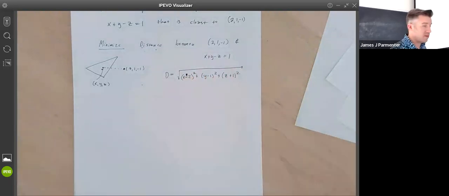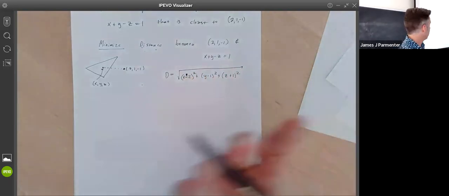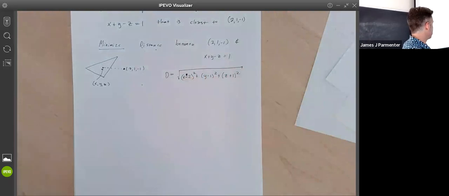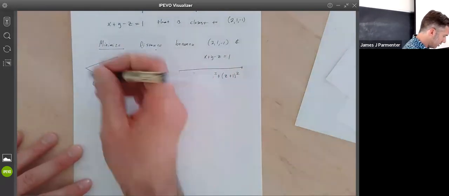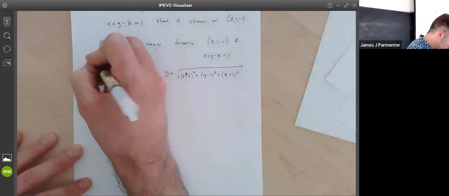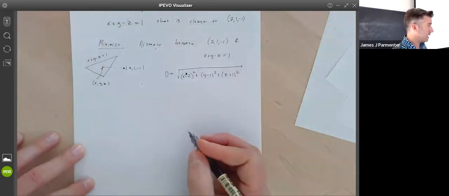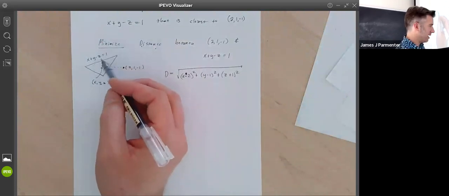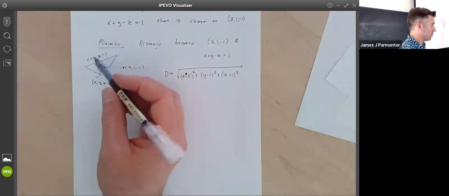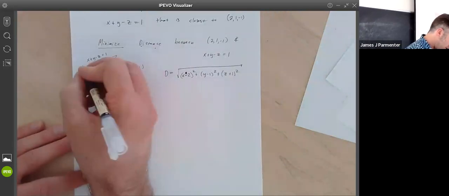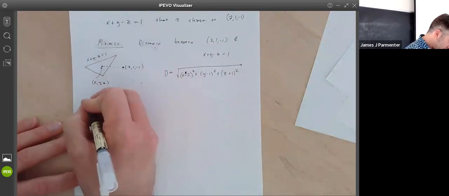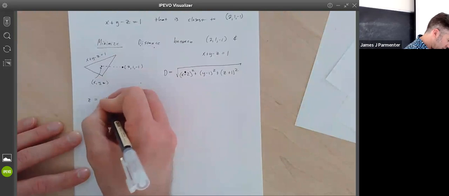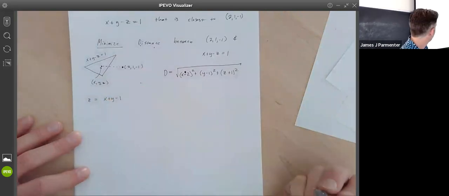And as is often the case with these optimization problems, we're going to start off wanting to maximize or minimize something that has 3 variables in it. And we're going to use our constraint, the fact that this point has to be on this plane, whose equation is x plus y minus z equal to 1, to isolate or remove one of the variables. In this case, you could solve for any of them equally well, I would solve for z, because we like doing things in terms of x and y. So solving for z, I'm going to get z equal to x plus y minus 1.